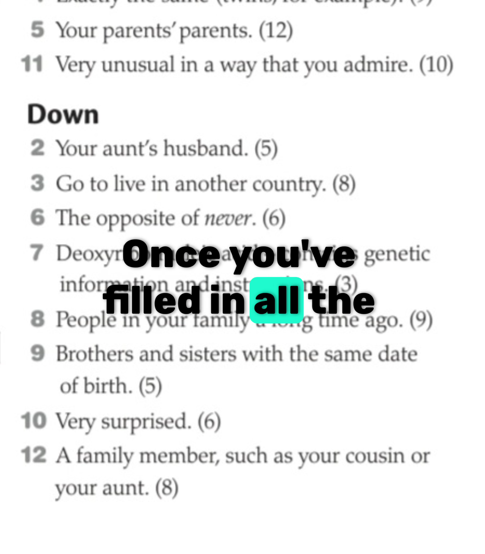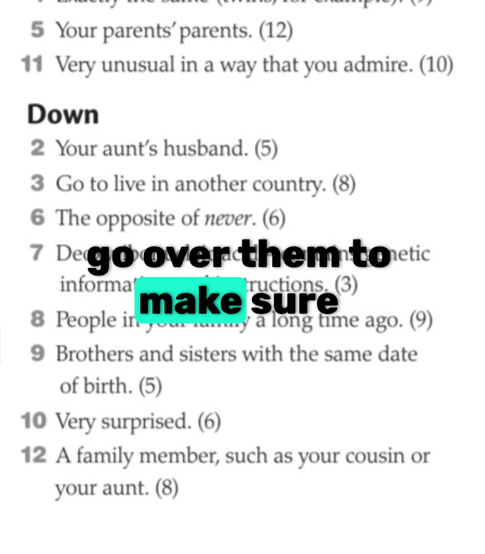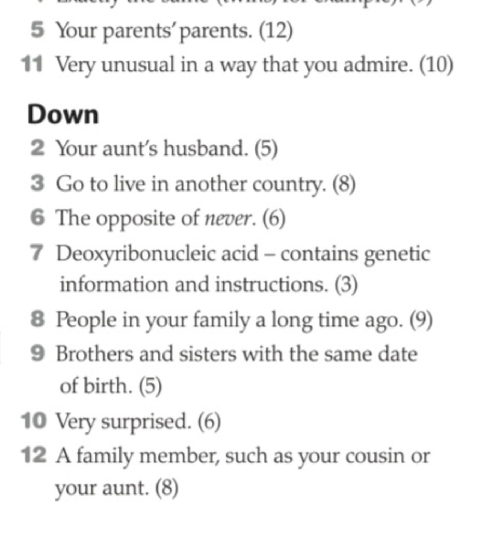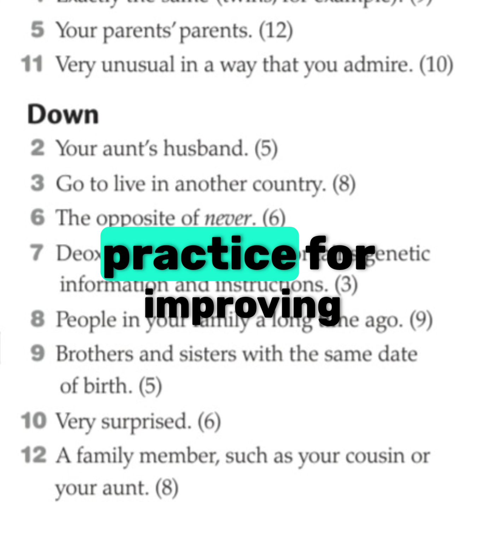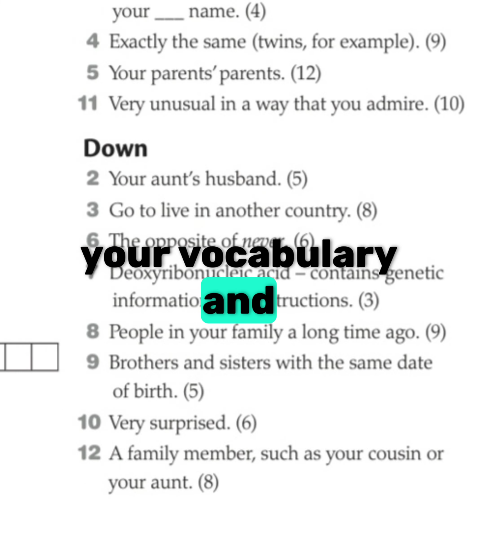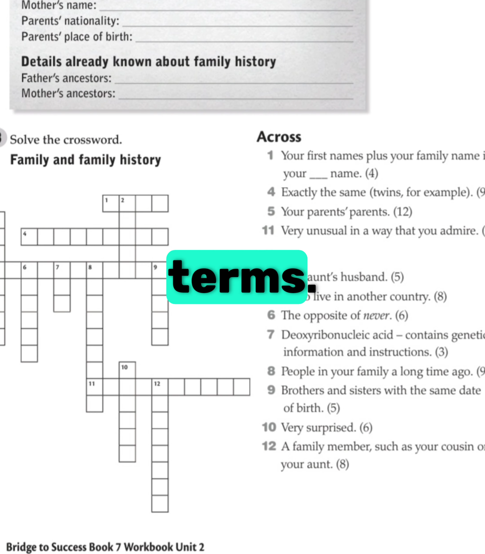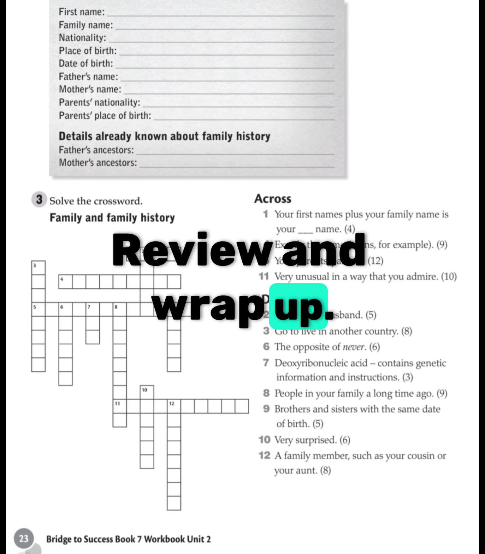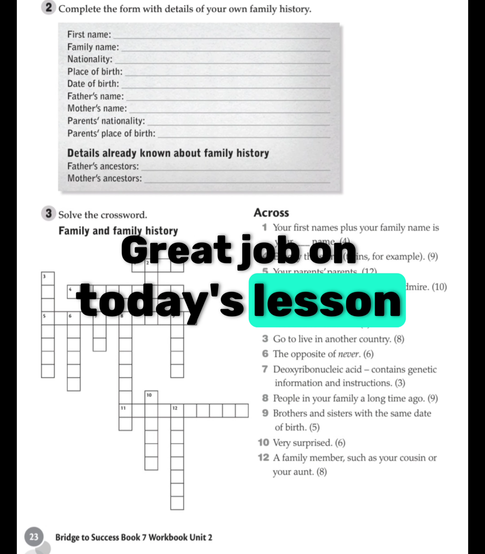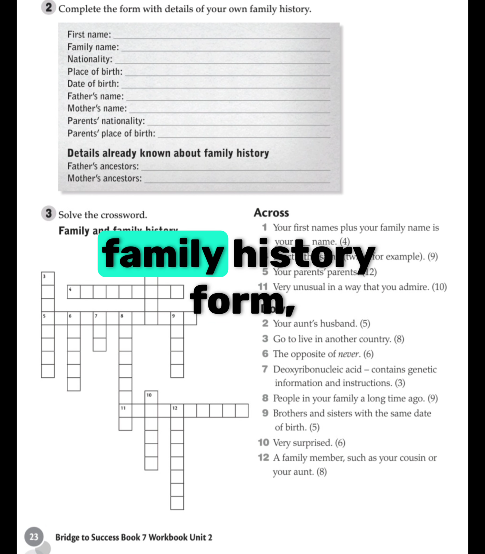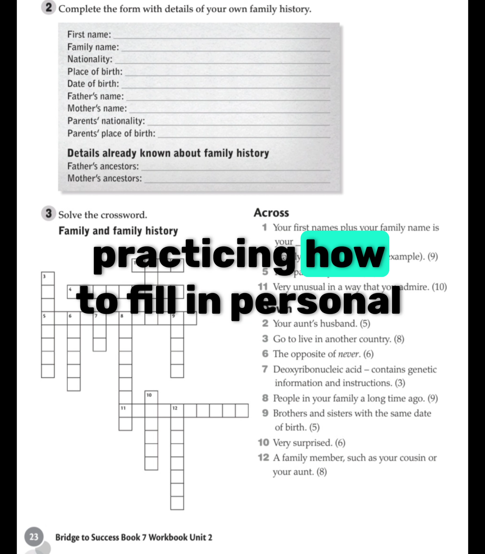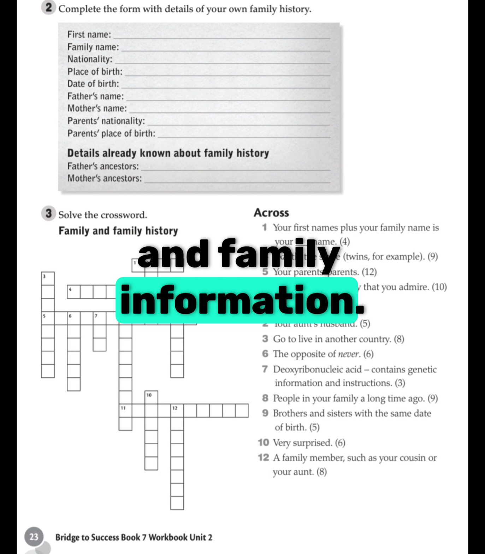Once you've filled in all the answers, go over them to make sure everything matches the clues. Crossword puzzles like this one are excellent practice for improving your vocabulary and understanding family-related terms. Review and wrap up. Great job on today's lesson. To recap, we first completed a family history form, practicing how to fill in personal and family information.